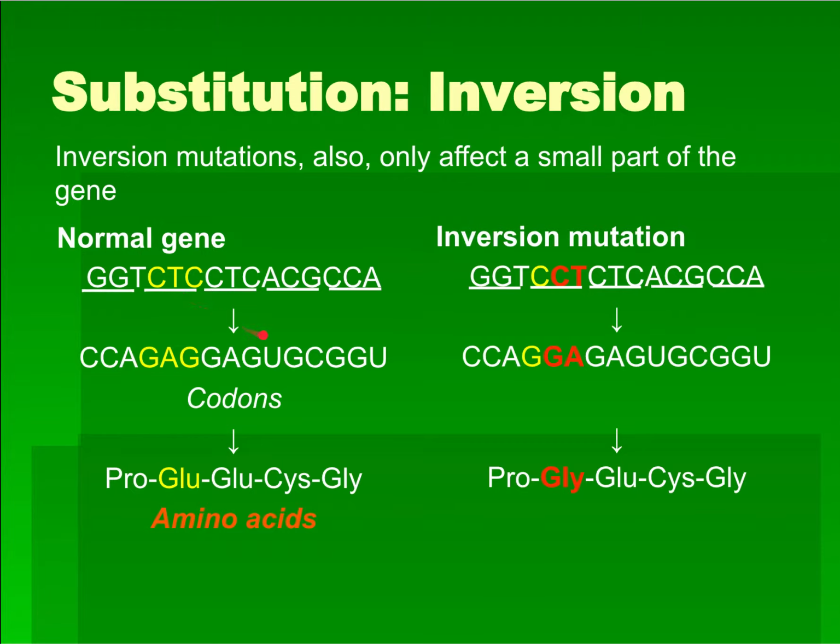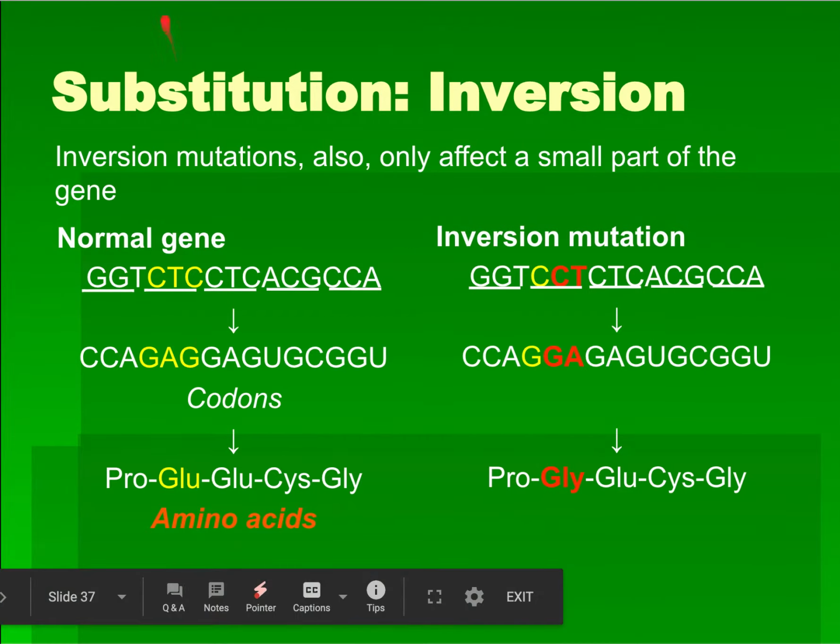Now, we can see that the rest of the mRNA strands are the same: CCA, GGA, GAG, UGC, GGU. The only thing that's different is that these two bases in our mRNA are going to be changed as well. And what does that do? Does it affect translation? Yes, it affects translation.